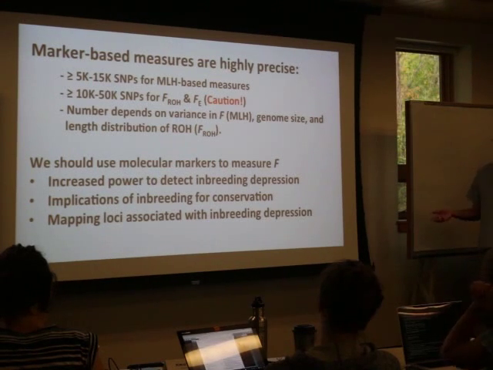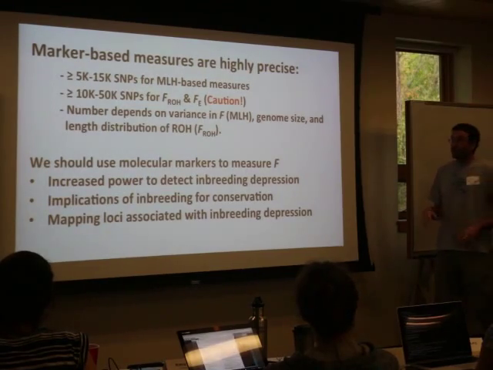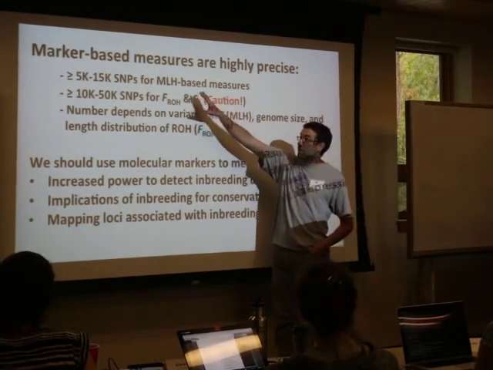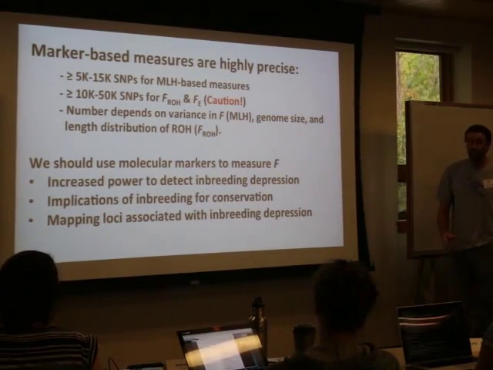And with marker-based measures of individual inbreeding based on large amounts of data, when you have thousands and thousands of loci, you can really precisely estimate individual inbreeding. I should say, these are rough numbers for how many are needed for different measures of individual inbreeding, but they're very rough.